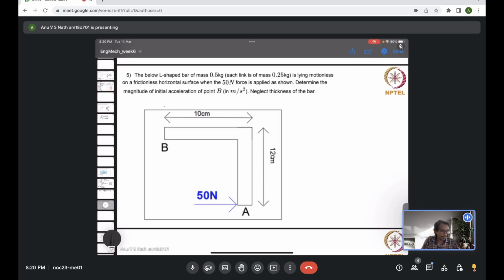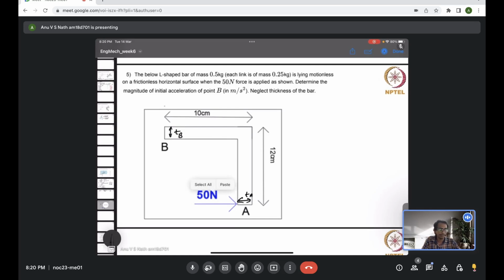Thickness in the sense that, okay, because already it's a two-dimensional system, the extent of the body in the perpendicular plane is anyway neglected, and also they ask us to consider the thickness of the bodies, TA and TB, as small, or just neglect them.